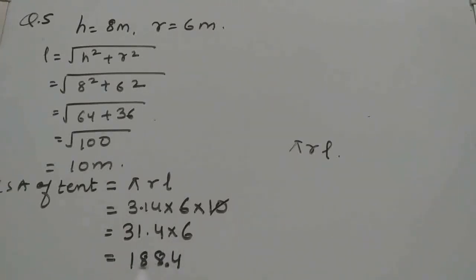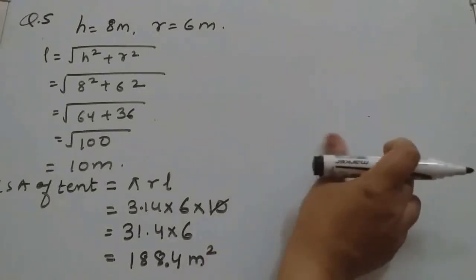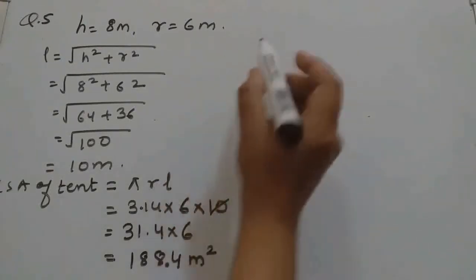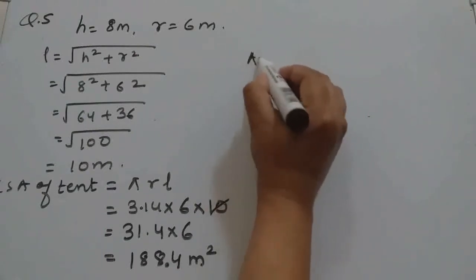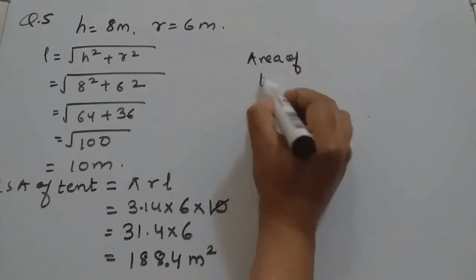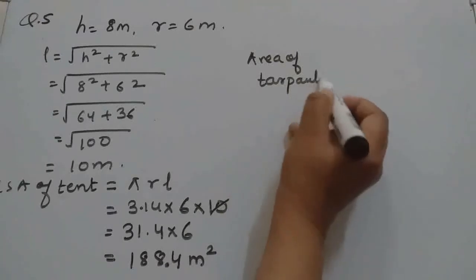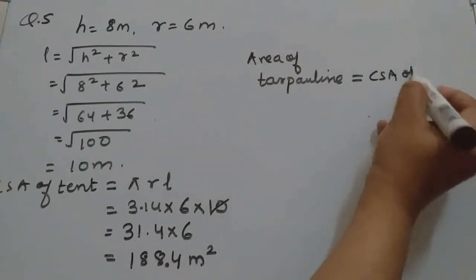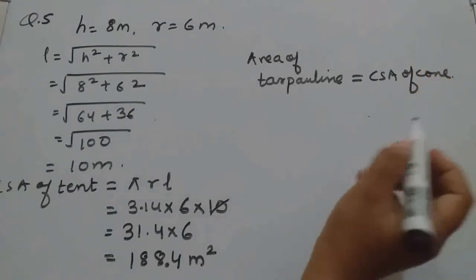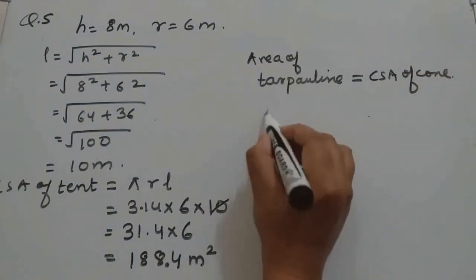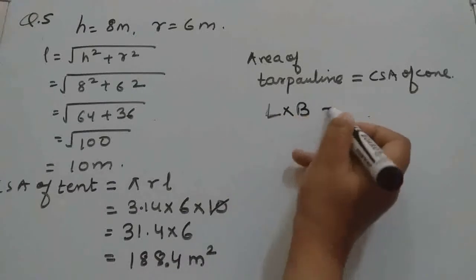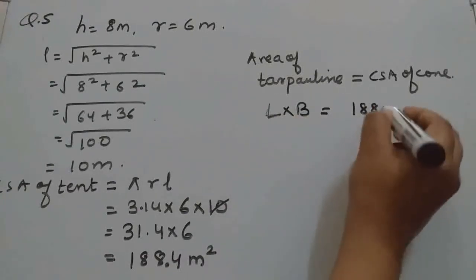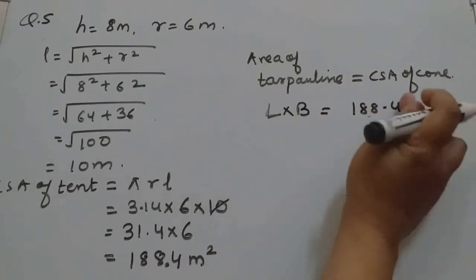So 188.4 meter square. This is the CSA of the cone. And we know the area of tarpaulin required equals the CSA of the cone. But the area of this is what? L into B. And this we got as 188.4 meter square.